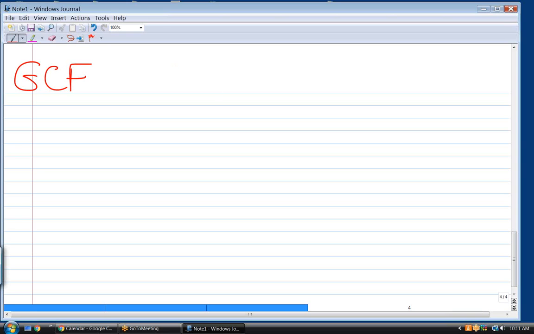Let's do one more. Take out a greatest common factor from that expression. What's the greatest thing that can divide evenly into both expressions? 2. What's left?